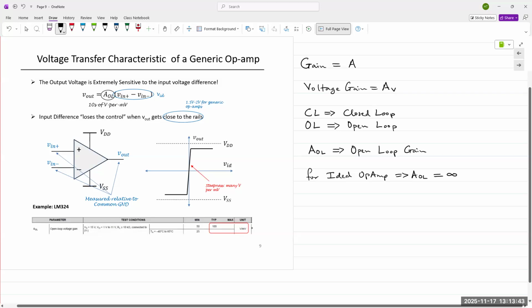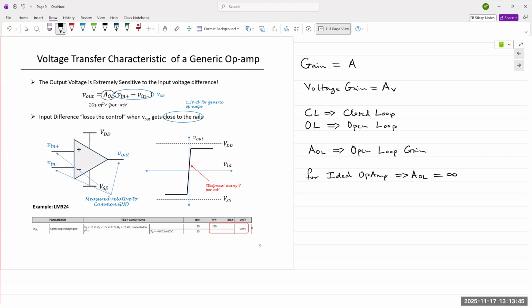But even so, the open loop gain for a real life op-amp is very, very high, more than 100,000 or so. So for an ideal op-amp it's infinity, but for practical op-amps the gain is also very high.